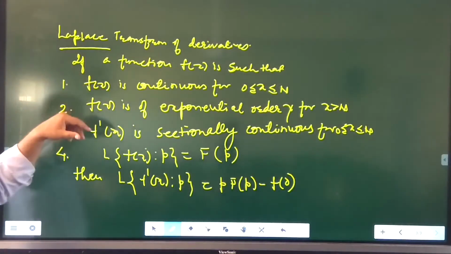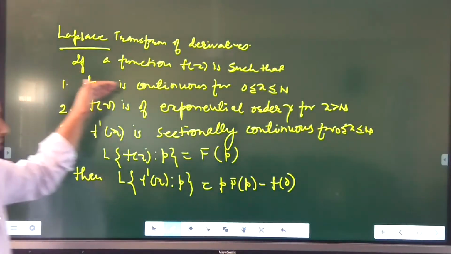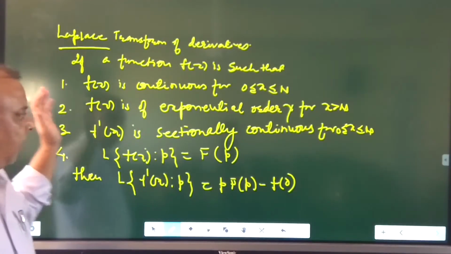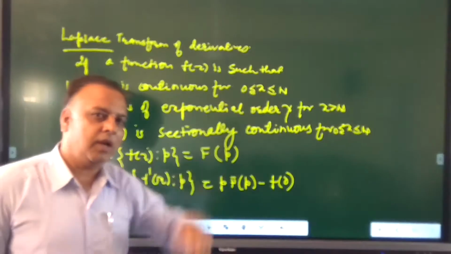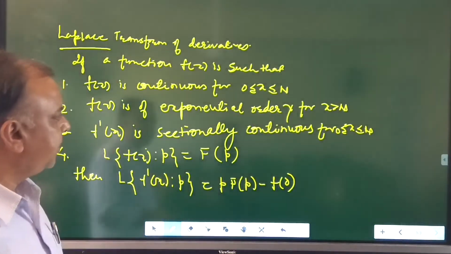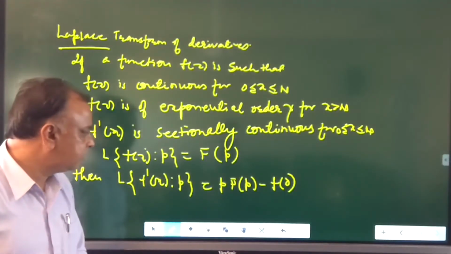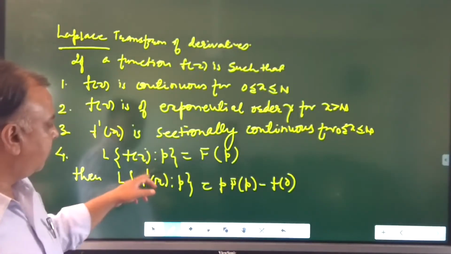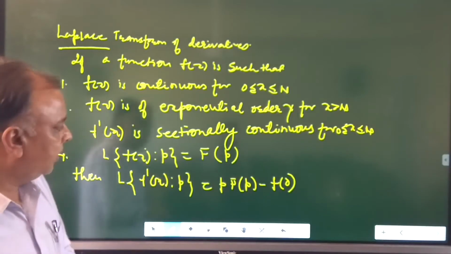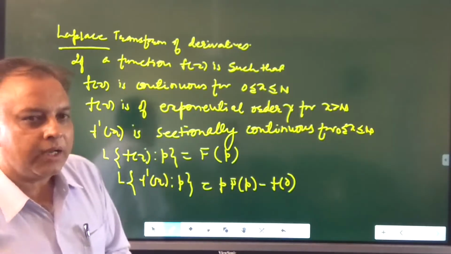The function is such that f(x) is continuous, f(x) is of exponential order gamma, and f'(x) is sectionally continuous. Then the Laplace transformation of f'(x) with respect to p is equal to pF(p) minus f(0).